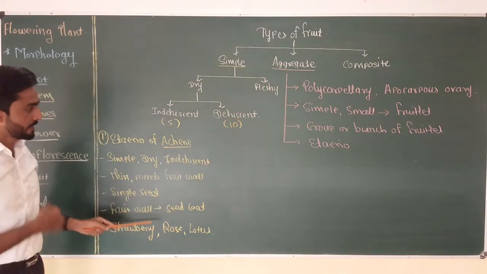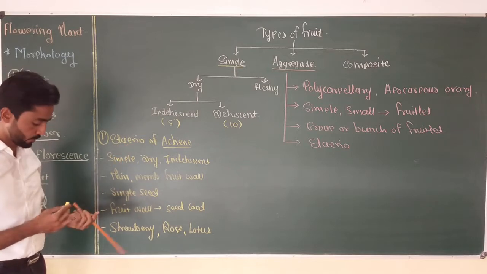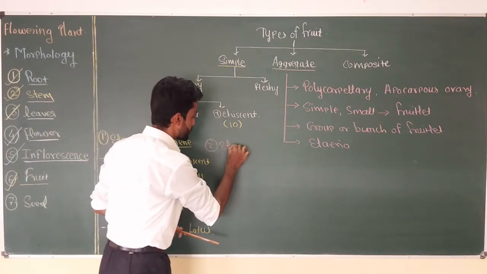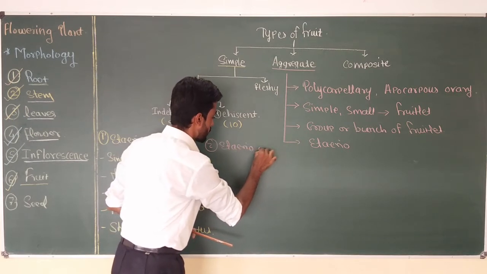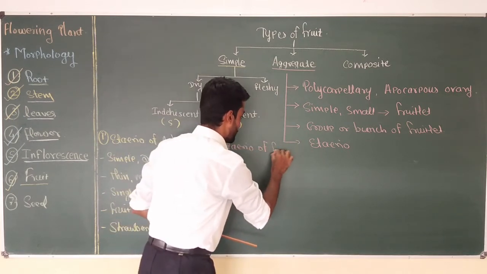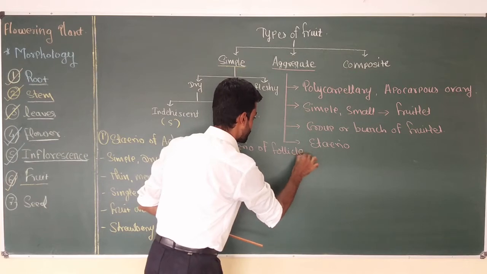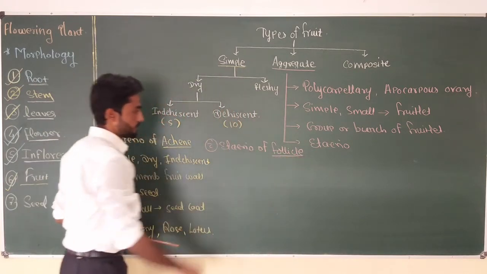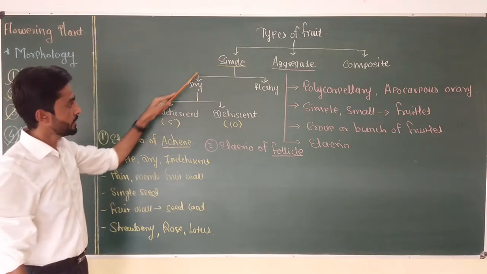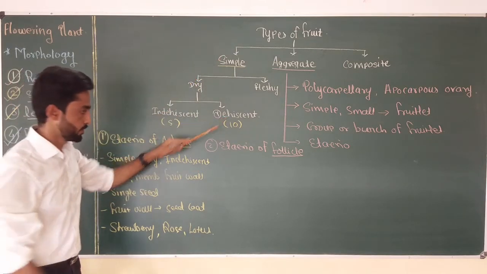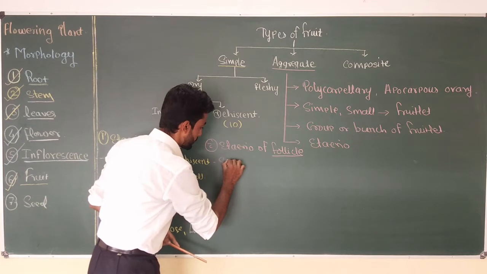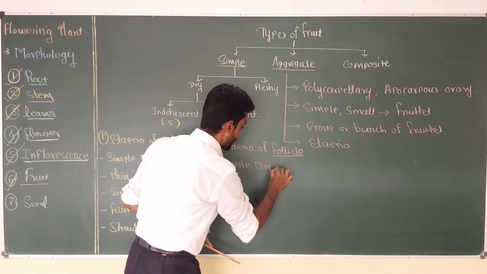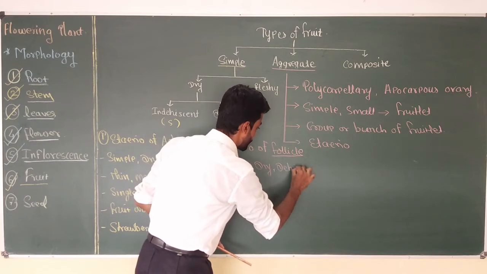Okay. Now the next type of aggregate fruit is etaerio of follicle. Okay. So this follicle is a type of simple dry dehiscent fruit.